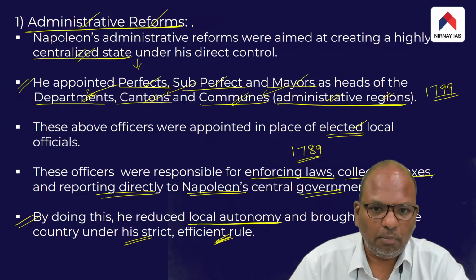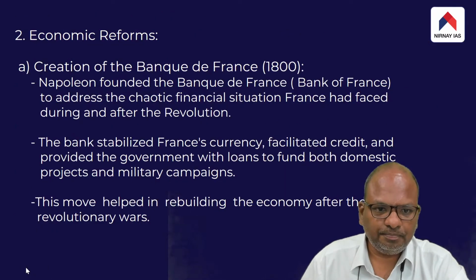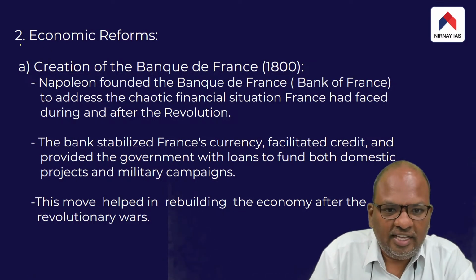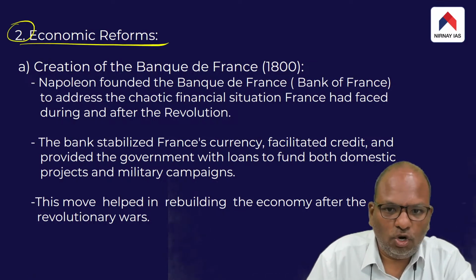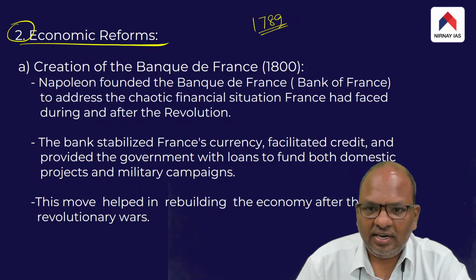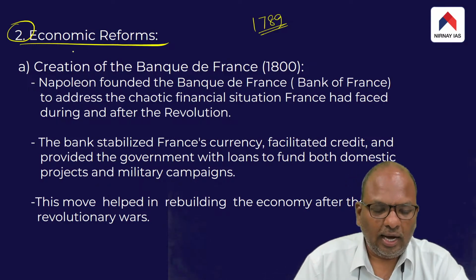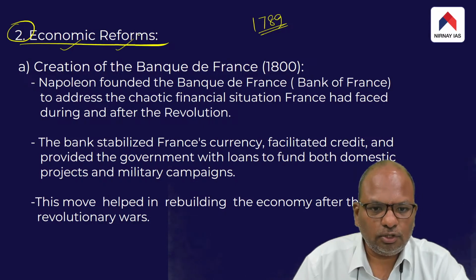So the first reform carried out by Napoleon was administrative reform. Then he carried out economic reforms. I told you, after the outbreak of the French Revolution in 1789, the entire economy was in the doldrums. So immediately after becoming the first consul, Napoleon started focusing on economic reform.